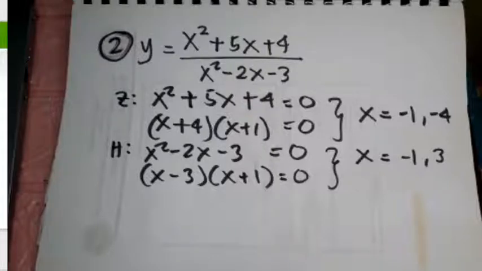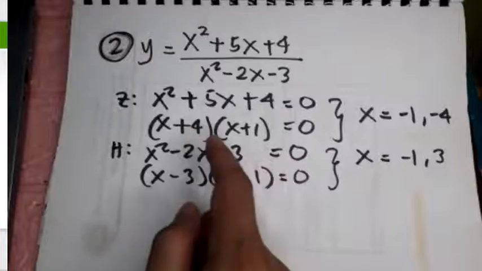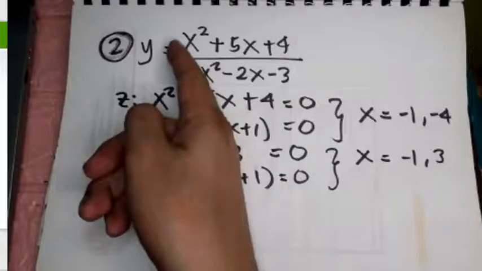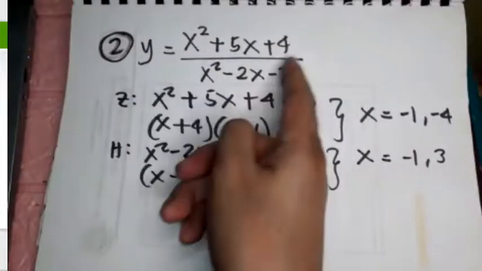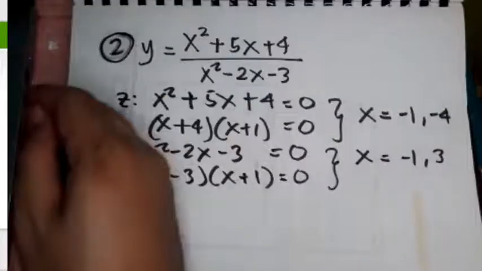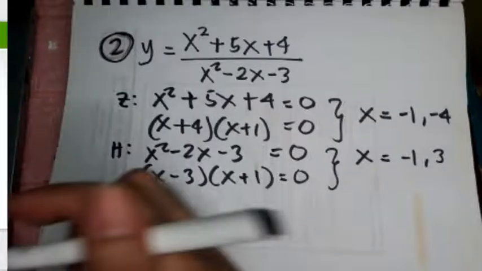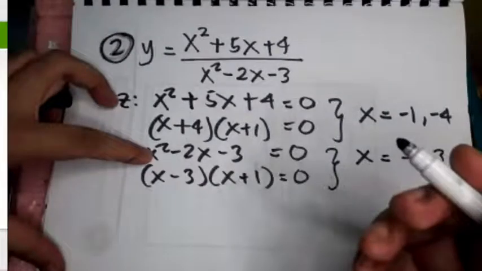So we can, for example, if x is equal to 0, we have 4 divided by negative 3, so about negative 1.3 at x is equal to 0.